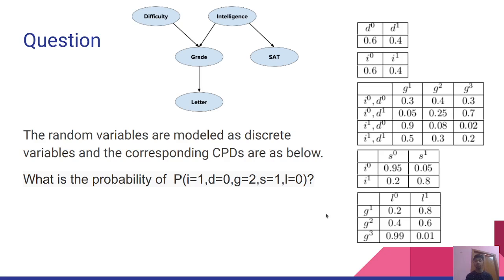So, can anyone tell, okay, let's forget everything. What is the probability of P of I equal to 1? From this table, can you say P of I equal to 1?